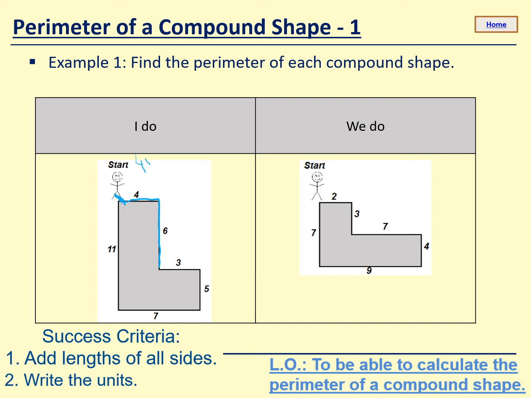So it's 4 plus 6 plus 3 plus 5 plus 7 plus 11. That equals 36 centimeters. Okay, so pause the video and have a go at the next question yourself.